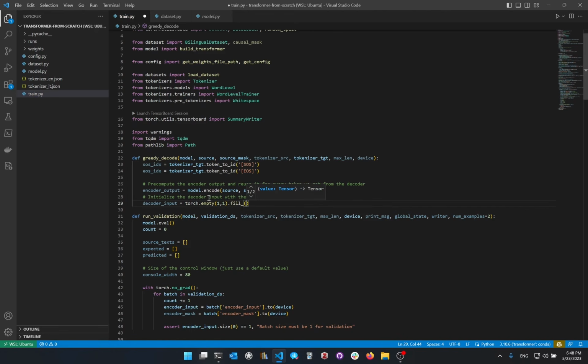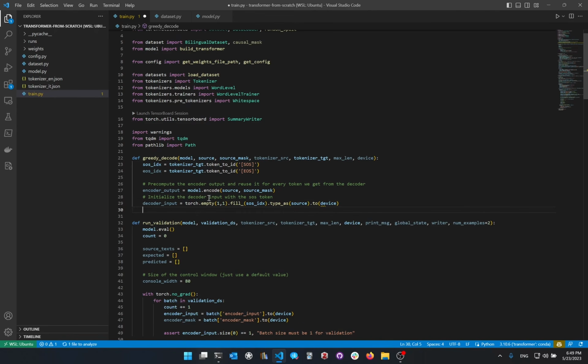We fill this one with the start of sentence token. And it has the same type as the encoder input. Okay, now we will keep asking the decoder to output the next token until we reach either the end of sentence token or the max len we have defined here.